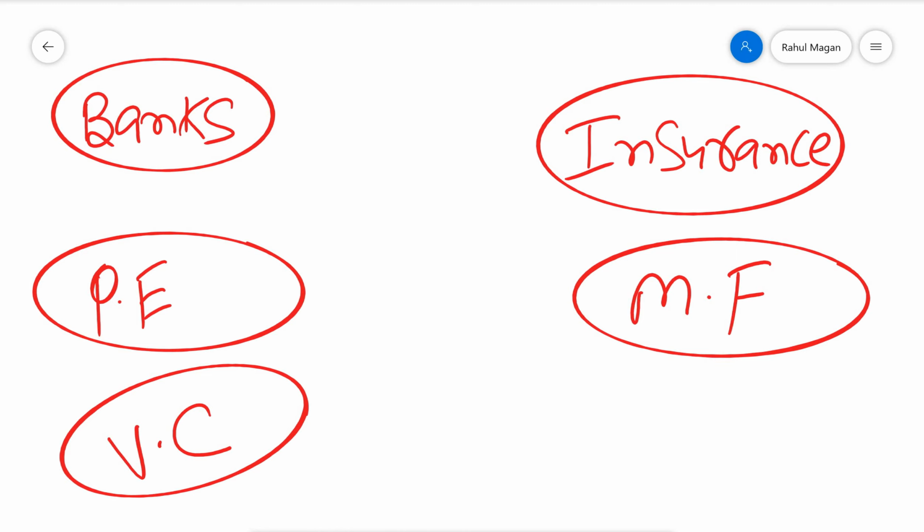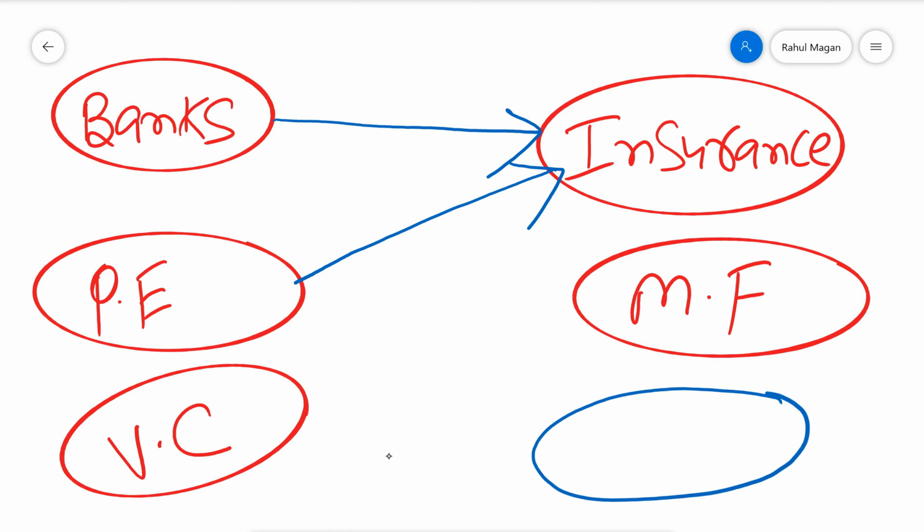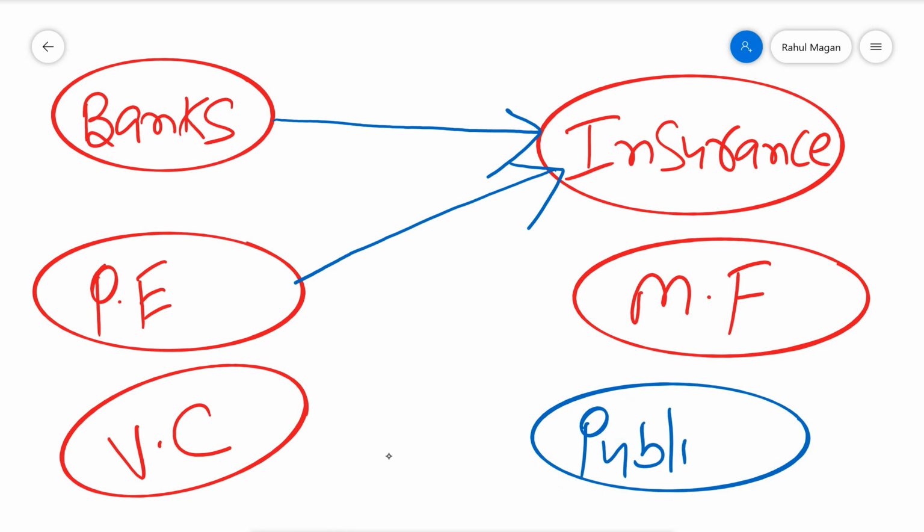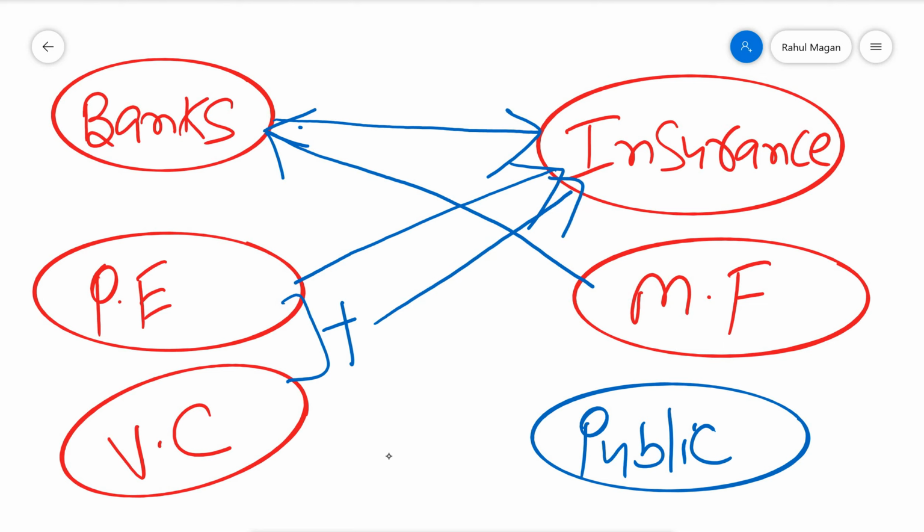And do you know guys how currently nowadays the scene is happening? The scene is happening like this. Banks invest in insurance companies, or private equity invests in insurance companies. Mutual funds take the money from the public, and you know what they do? They invest in banks, right? A venture capitalist plus private equity together, they invest in insurance companies, and insurance companies and mutual funds, you know.